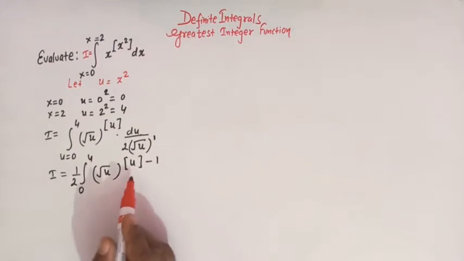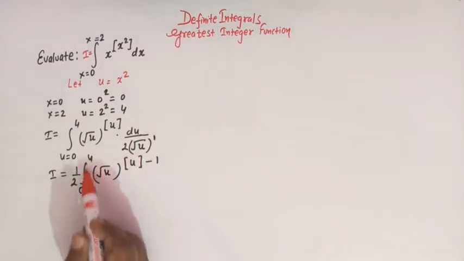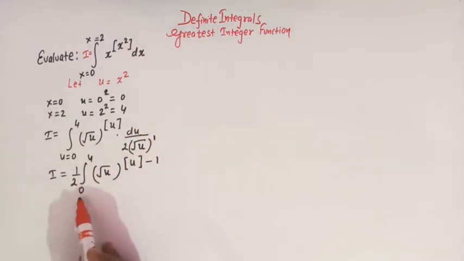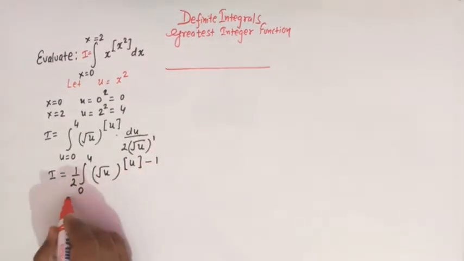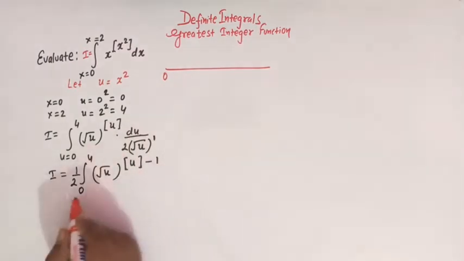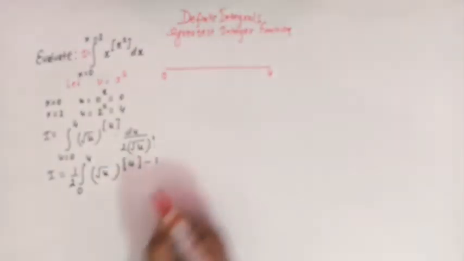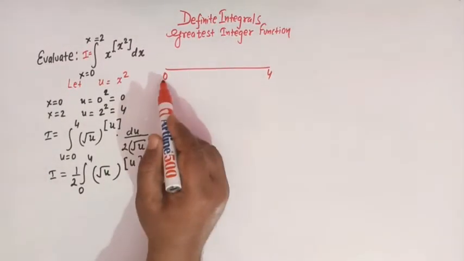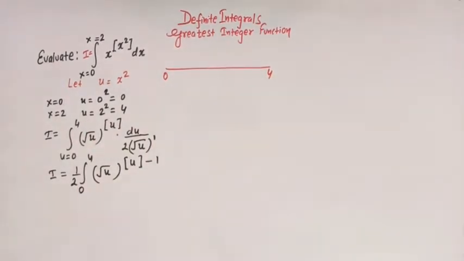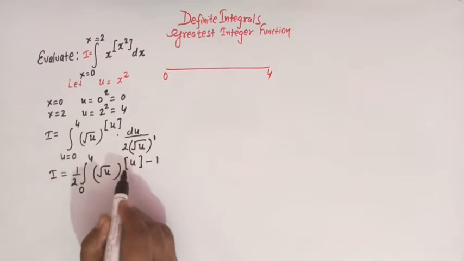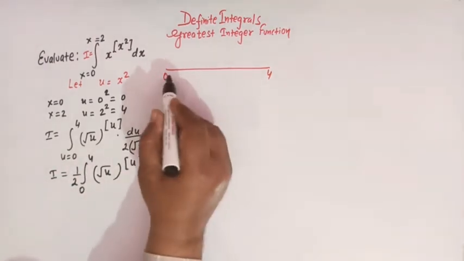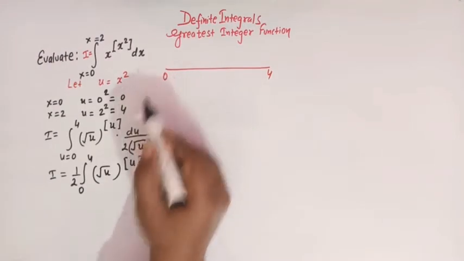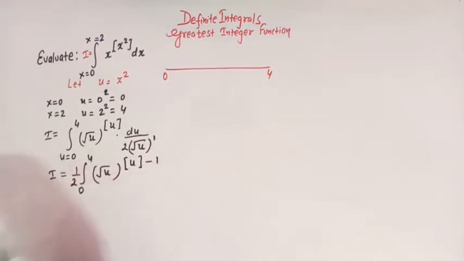So now let us look at the limits. The lower limit is 0 and the upper limit is 4. Here u varies from 0 to 4, and our integrand involves the greatest integer function, and therefore we will split this integral.